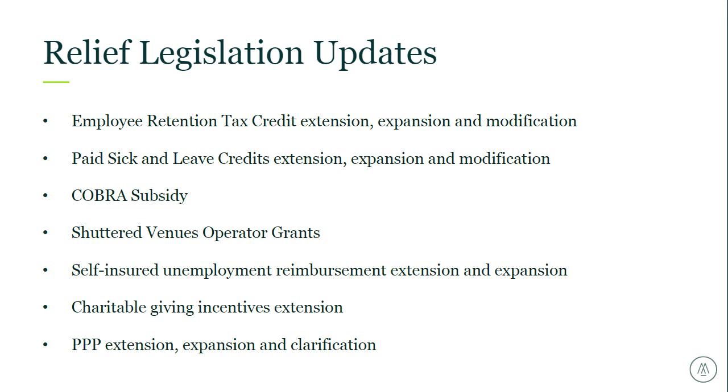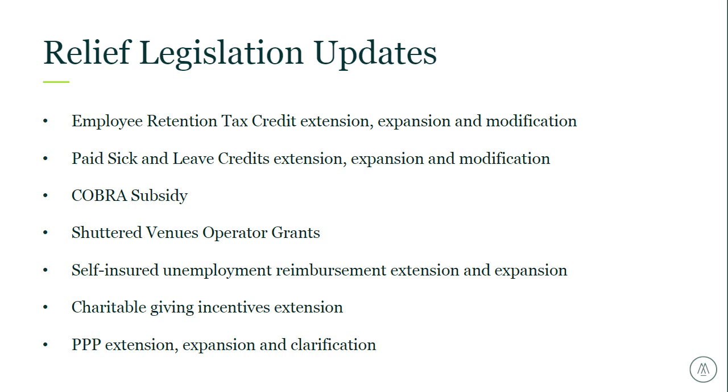We're generally seeing that this is coming from the Fed to the states, and most states are just automatically reimbursing. You don't have to apply for it to get that reimbursement.